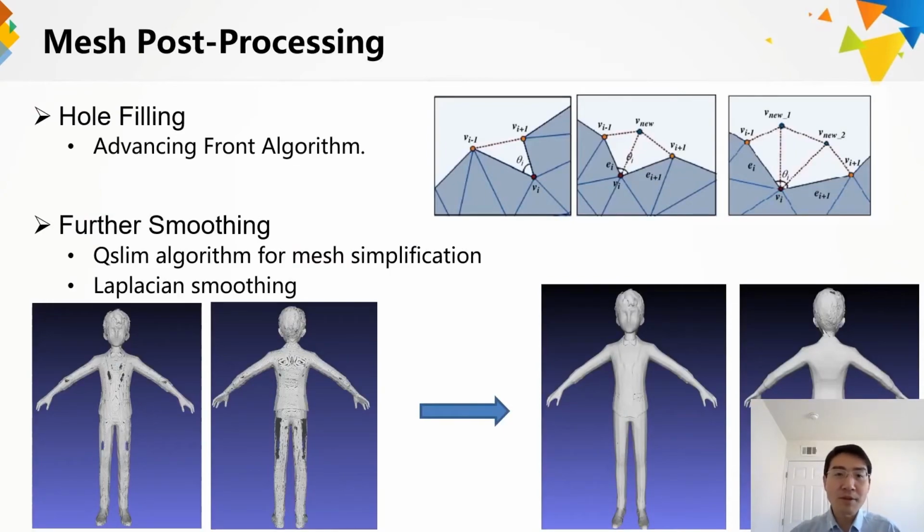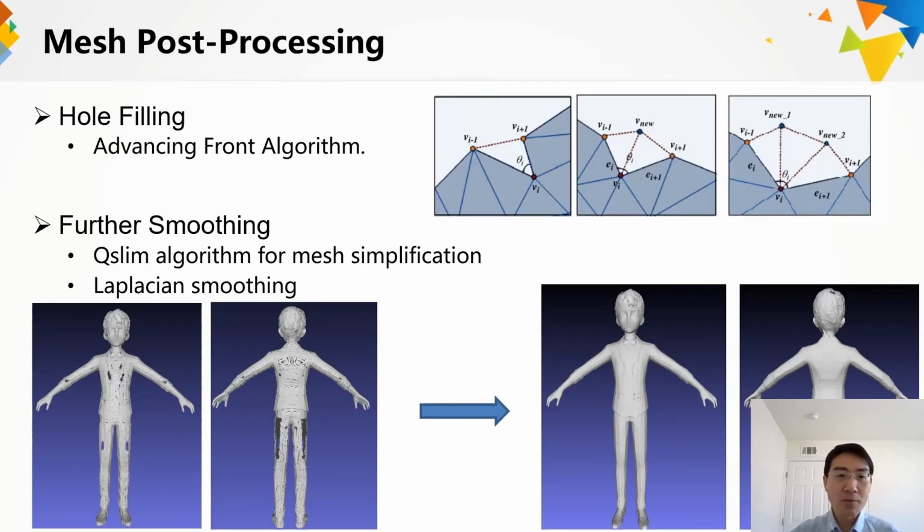Here we use an advancing front algorithm. For the details of the algorithm, I'll skip here, but if you are interested, you can Google it online. The basic idea is to find the angles between the holes, and we decide whether we should directly connect them or use multiple points to connect them.